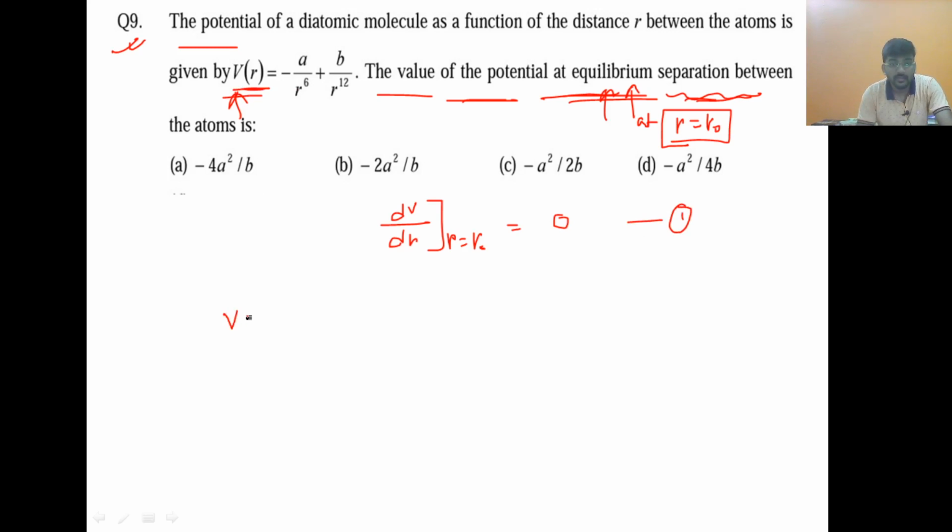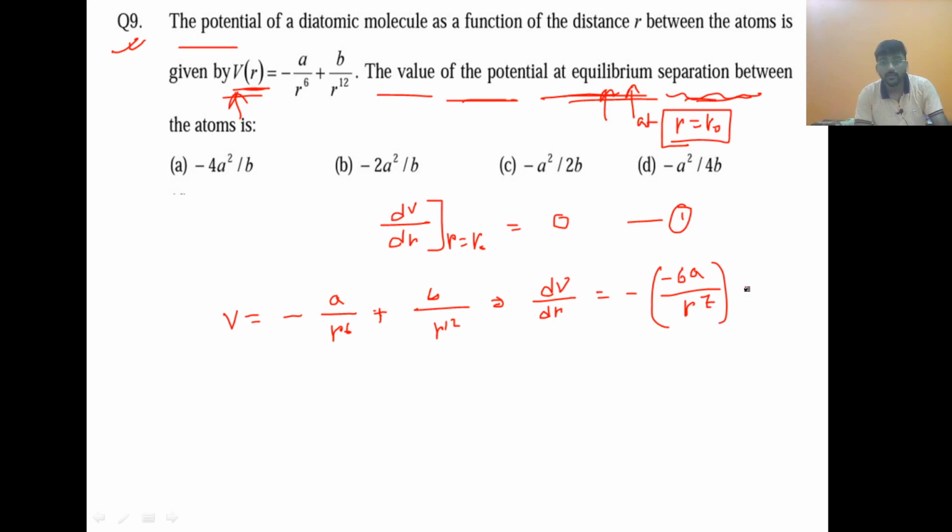Here given that V is equal to minus a divided by r to the power 6 plus b divided by r to the power 12. So what will be dV over dr? Here dV over dr will be minus 6a divided by r to the power 7 minus, from r to the power 12, 12b divided by r to the power 13.